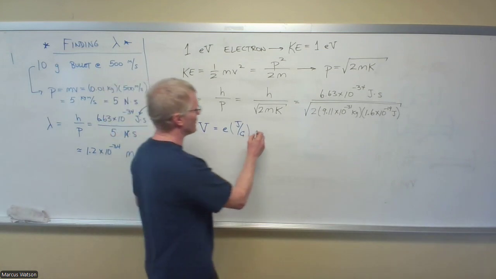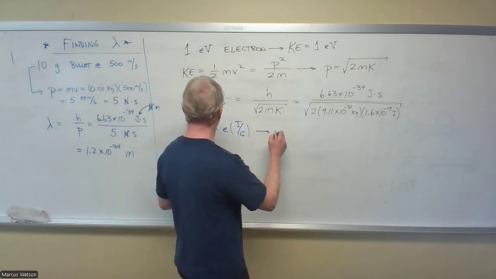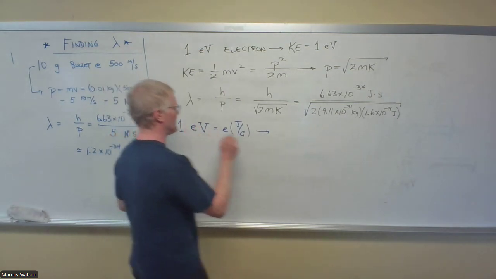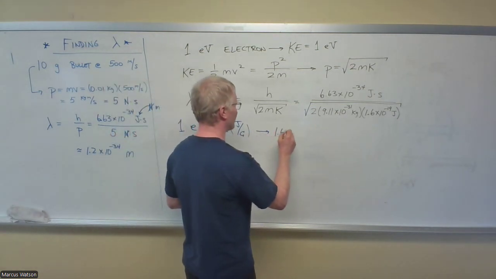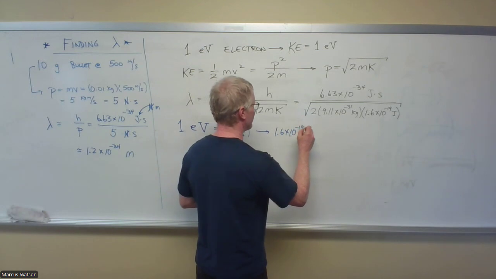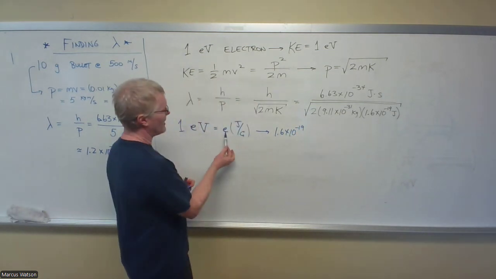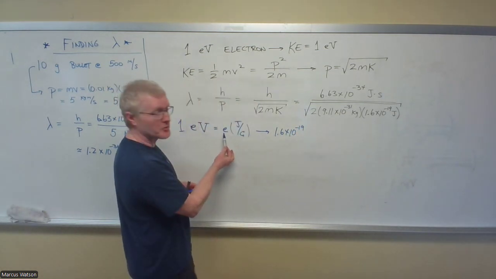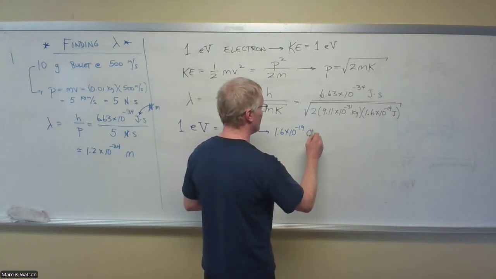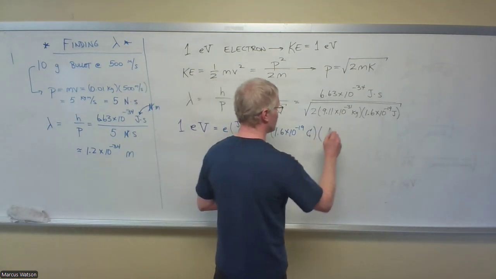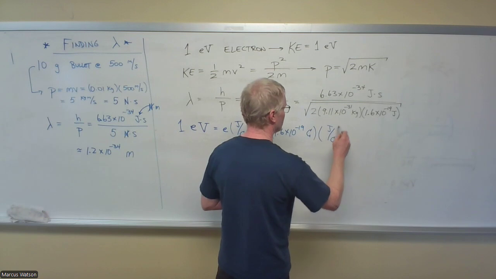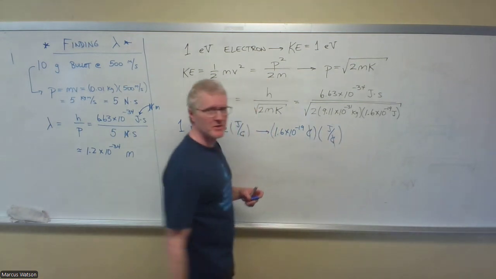So therefore 1 eV is equal to 1.6 times 10 to the minus 19th, because that's the electron charge in coulombs, times a joule per coulomb. And that is what gets you into joules.